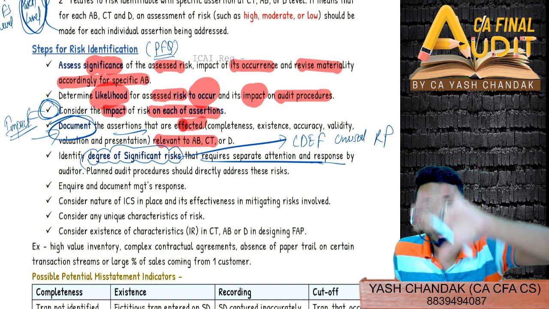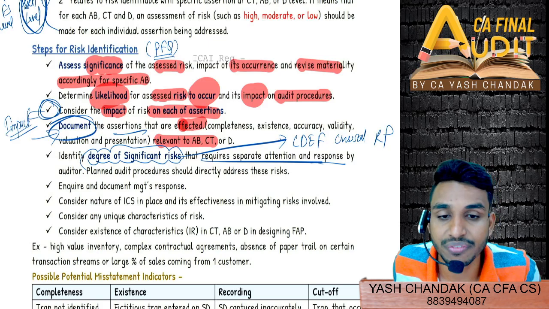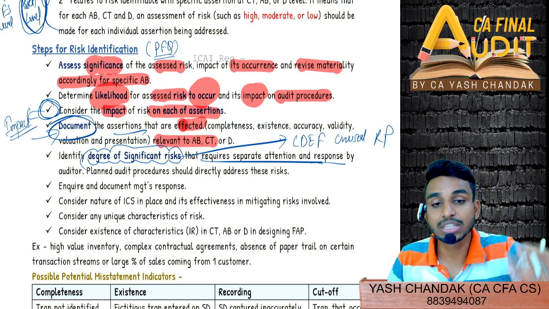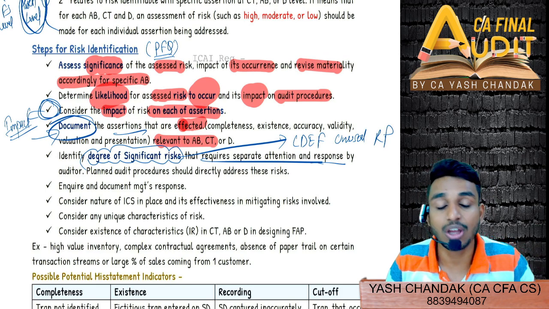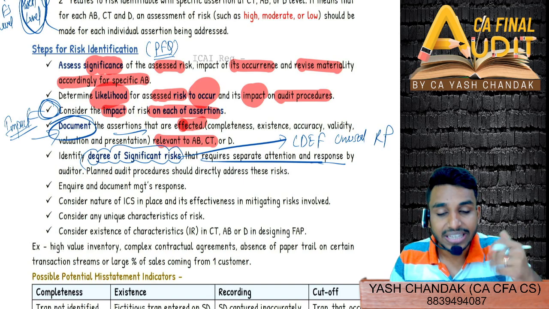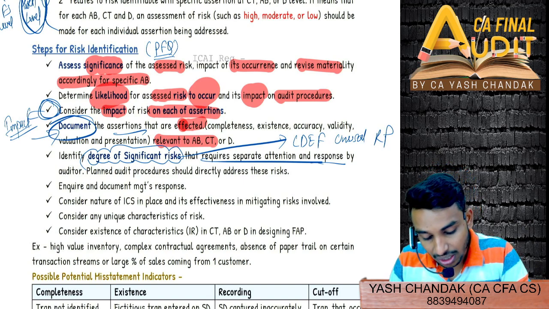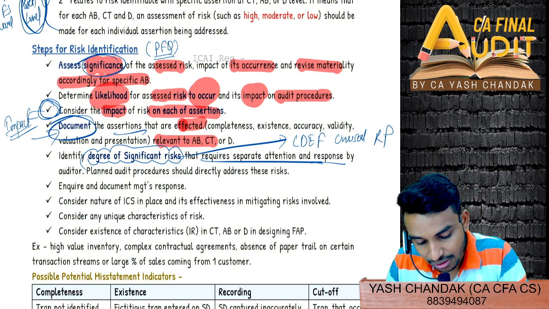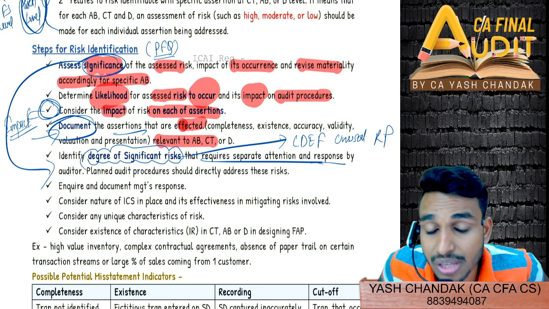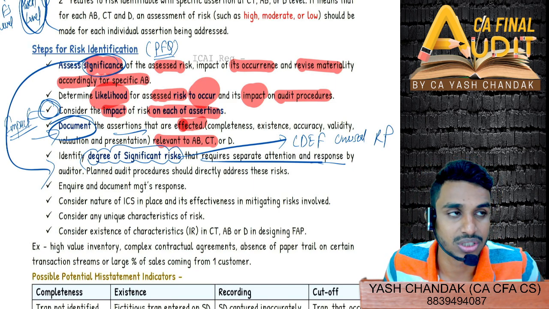So now out of all the risks that you found out, you first found out the likelihood of it actually occurring, and if at all it actually occurs, what will be impacted in all the assertions, and whatever it impacts, you have to document it, and then you will have to evaluate, out of these significant risks, which risk is actually the most significant, or the risk which requires special audit consideration, right?